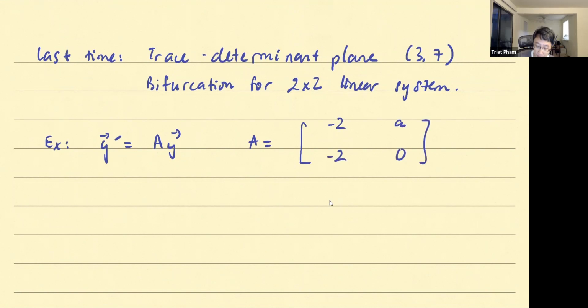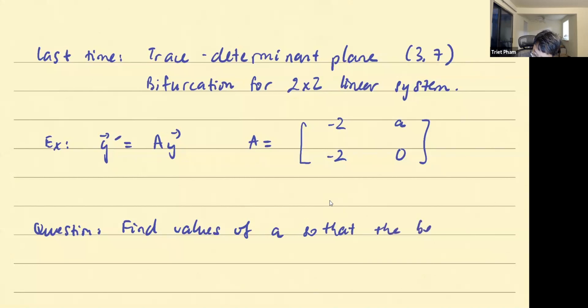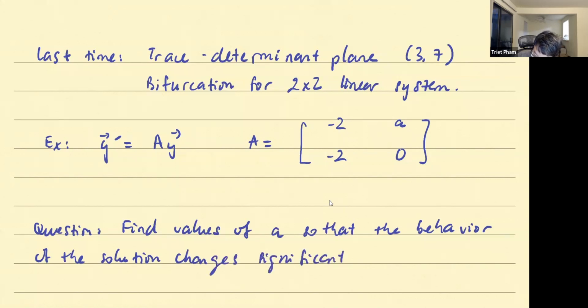So the main question we want to ask is, find the values of a so that the behavior of the solution changes significantly as a crosses these values.